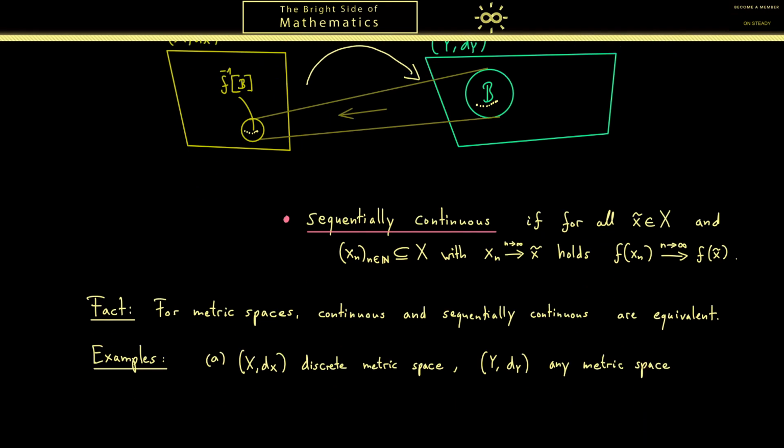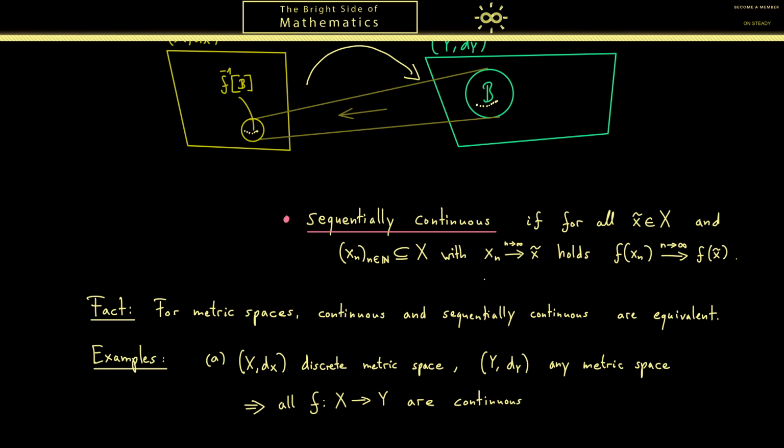Now let's look at the map F from X to Y, and then we can conclude that this one has to be continuous. This is simply the case because all subsets in a discrete metric space are open sets. This means that checking the definition of continuity is immediately given here. So keep that in mind whenever you see a discrete metric space on the left hand side.